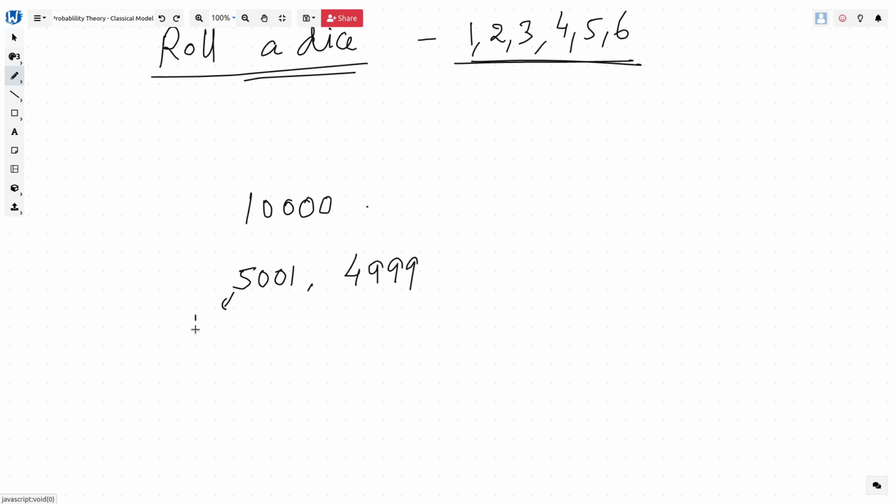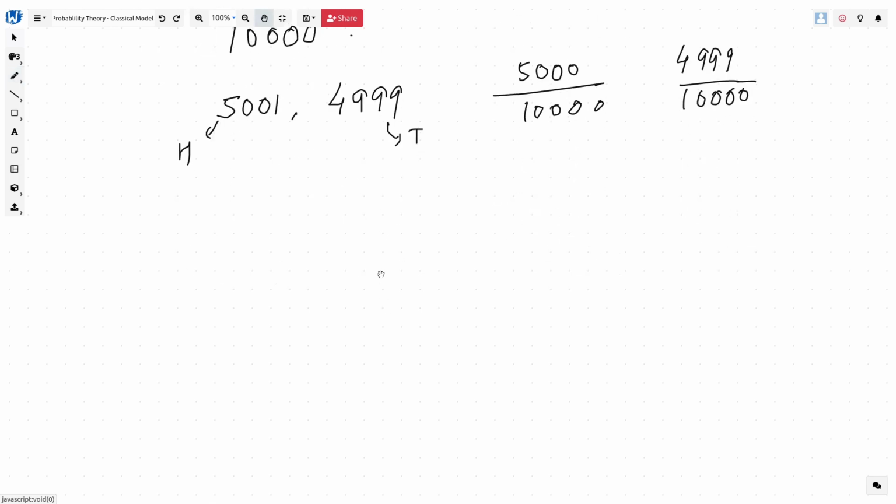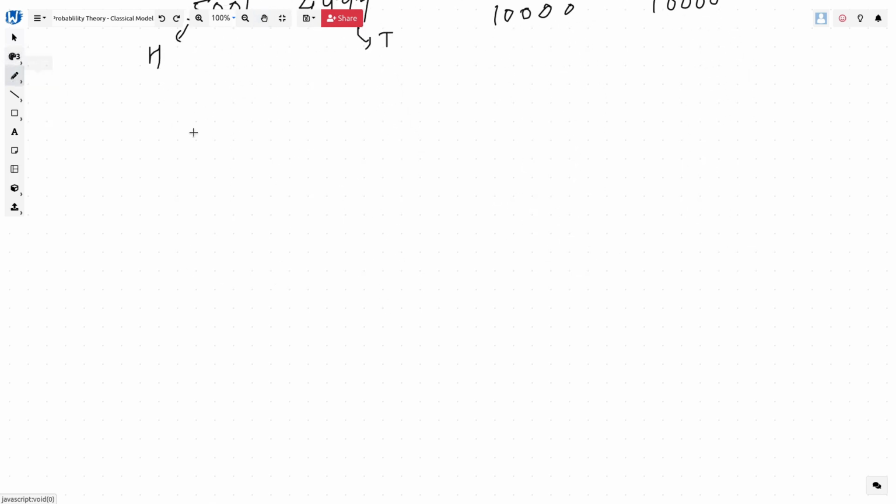So this is head and this is tail. By probability we estimate that the probability of getting head will be nothing but 5,000 by 10,000. We will see how the classical model comes into the picture, and the probability of tail is approximately the same, because as you increase or decrease the number of tosses, these numbers may vary. But for the sake of clarity, in our classical model, we define a few more terms.